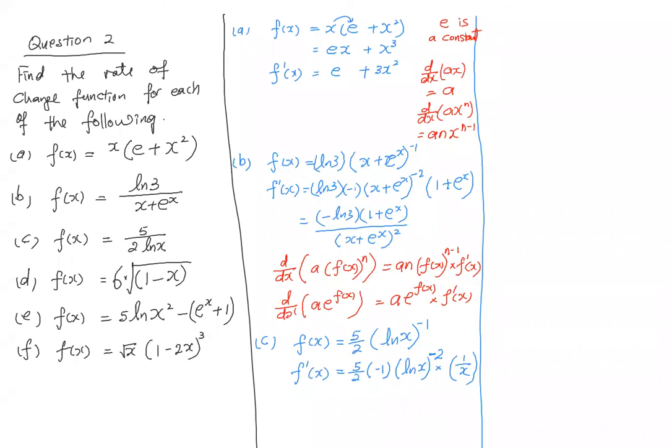You don't know? Okay, I write the formula for you, see whether you know or not. This is the simple rule for ln terms. I write it here because I want to write the answer. So d over dx of a ln f(x). This is a.